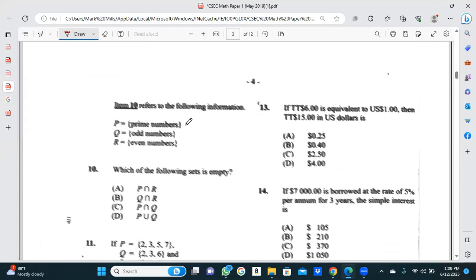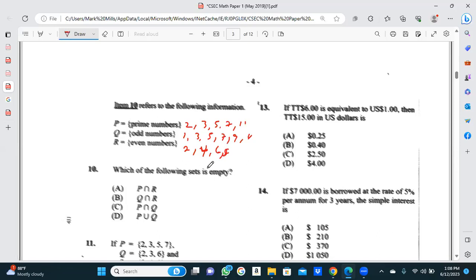So, prime numbers. A prime number can only be divided by 1 and itself. So 2, 3, 5, 7, 11, right? Odd numbers, what are odd numbers? They're 1, 3, 5, 7, 9, 11. Even numbers: 2, 4, 6, 8, 10.